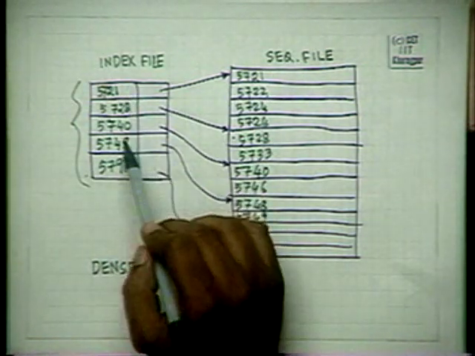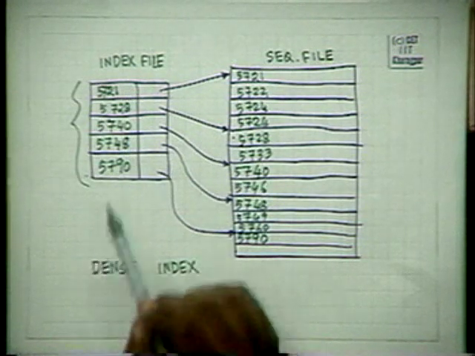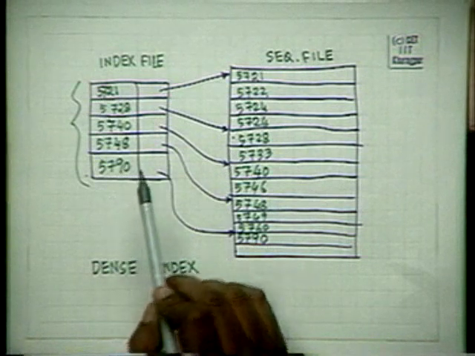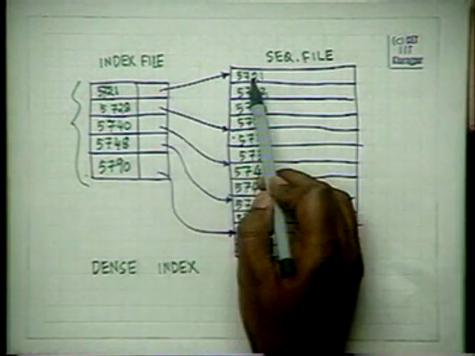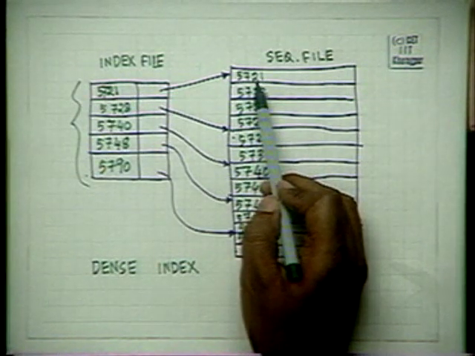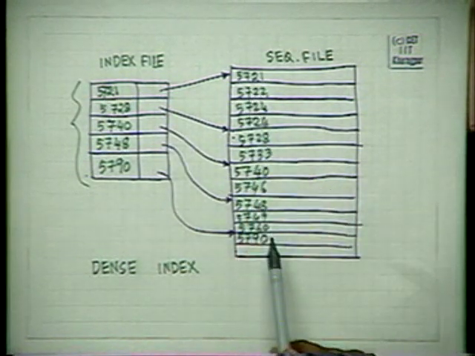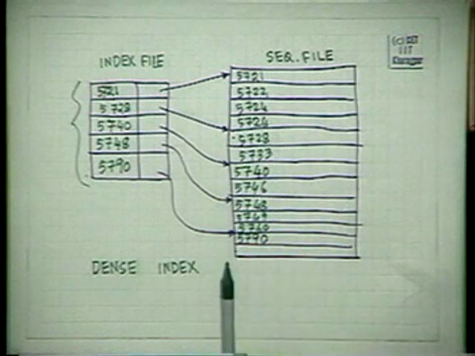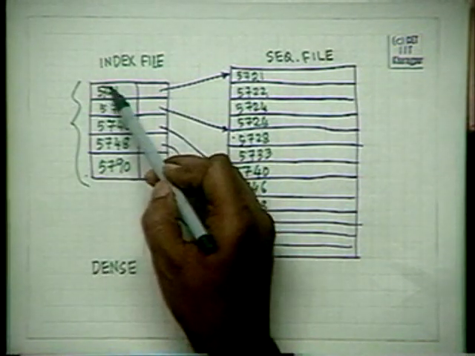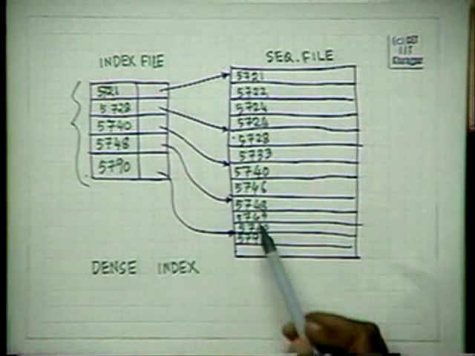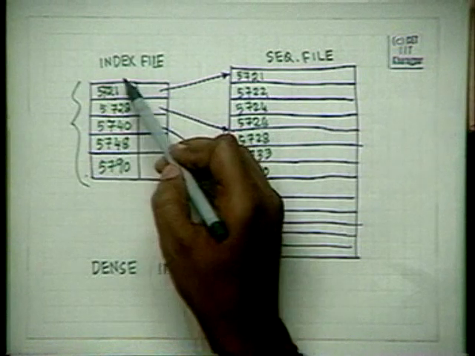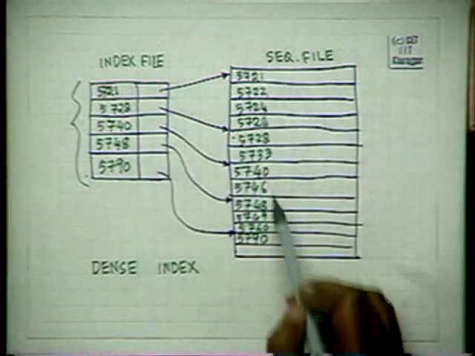You may do it on two of the attributes of the primary key, because if you do it on the full primary key, you can be sure that each of them corresponds to only one record, since it's a primary key and you do not keep duplicates. So, in a dense index, you keep all the values of all the attributes on which the indexing is done.